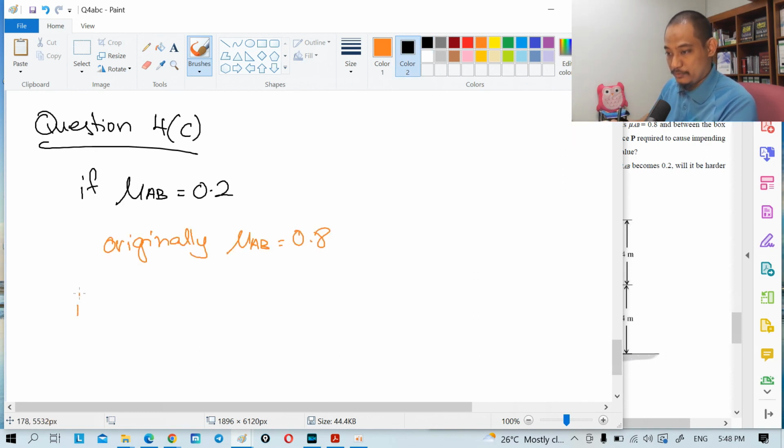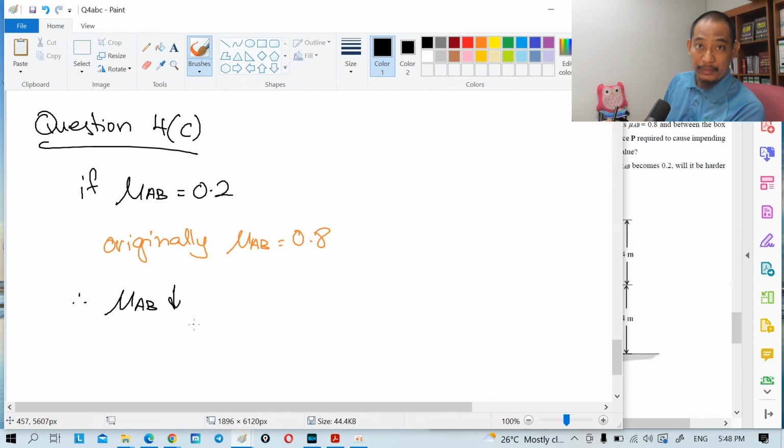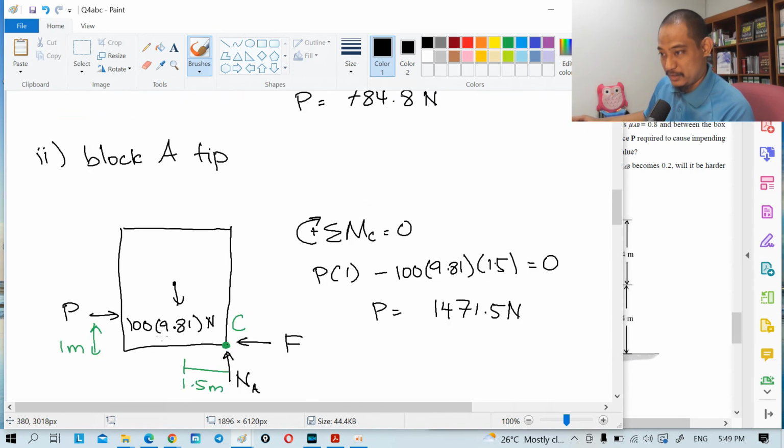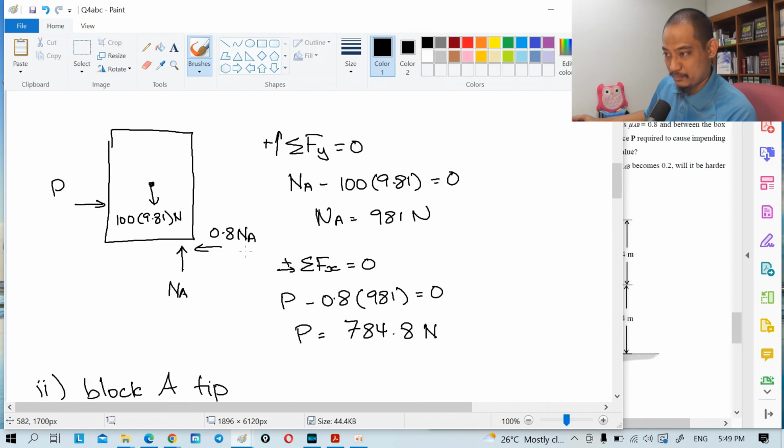Now, that means that mu AB reduced, right? When mu AB reduced, if you can see in this scenario, this is exactly the particular scenario, just for illustration, right? So originally it is 0.8.